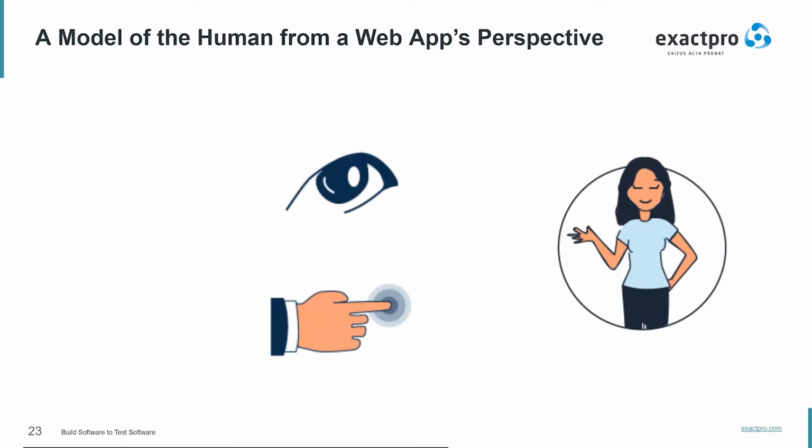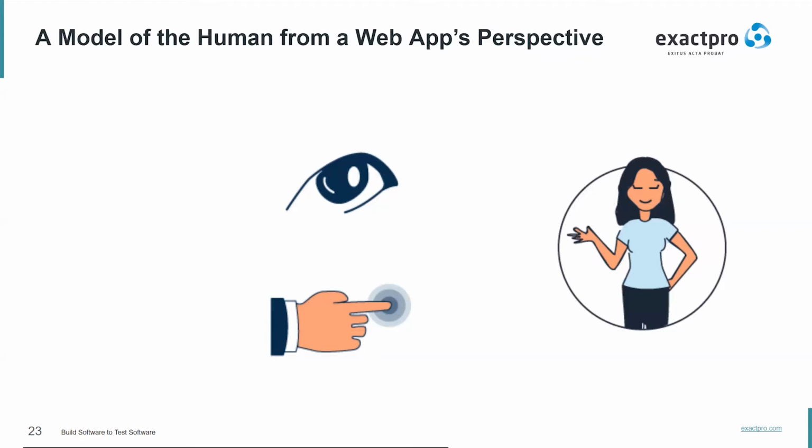One is the ability to perceive information, so an eye in our case, and the other is the ability to push something, so a hand or a finger. The majority of test tools are based on this model, so they utilize those two components.